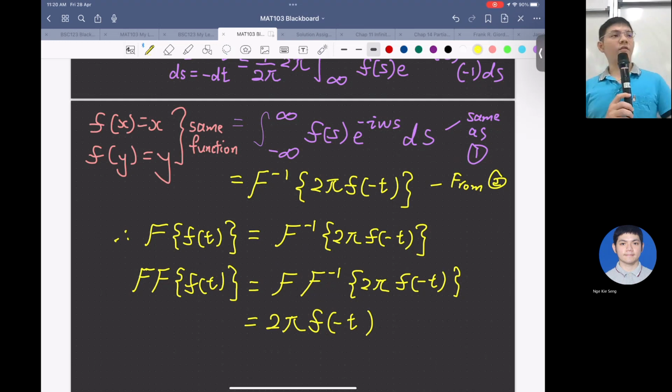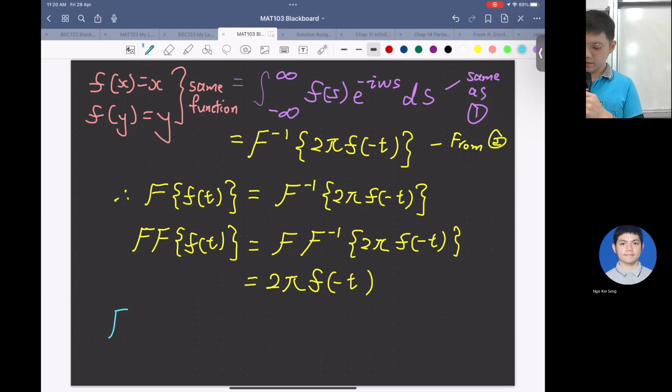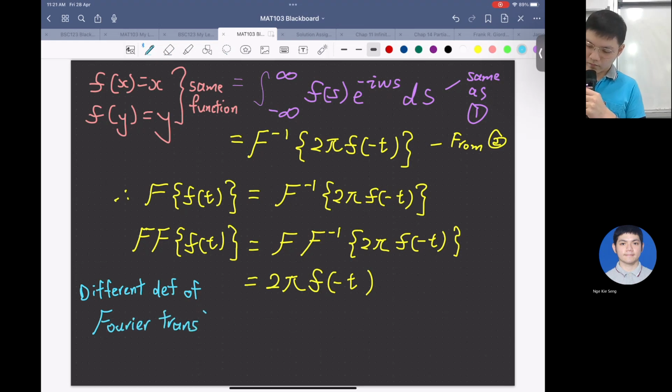If you change the convention of the Fourier transform, if you define your Fourier transform in another way, another convention, a different definition, let's call it F prime or F theta.